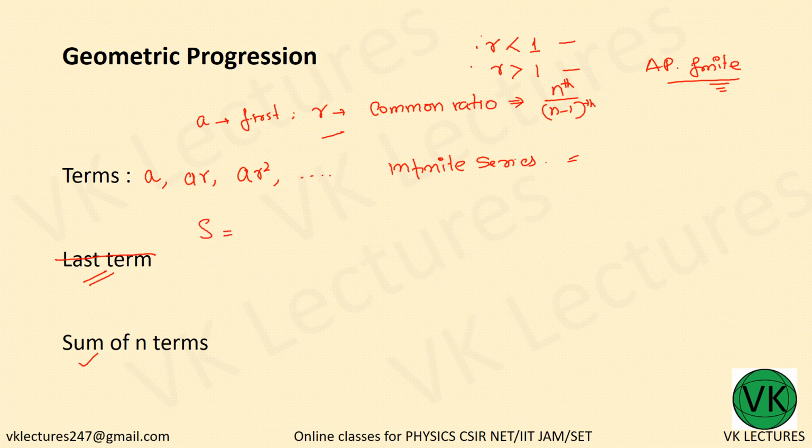The sum is the sum over n equal to 1 to infinity of a, which is the first term, times r to the n minus 1. Now this is considered as the last term in the series.